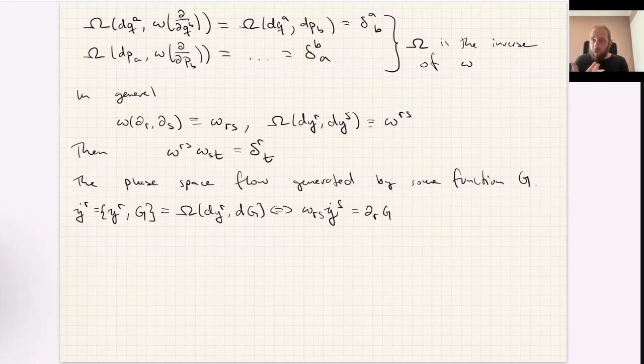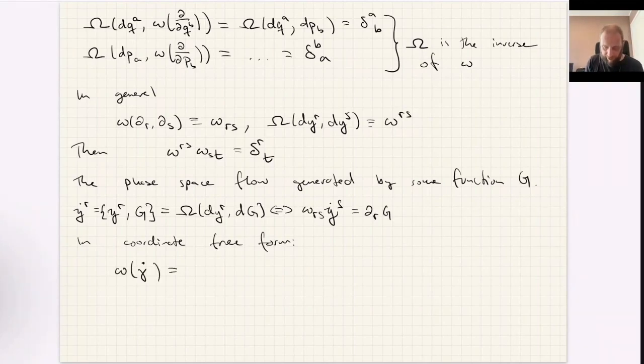Or if I want to write this in a coordinate-free form, the flow here, gamma, a curve that is following this flow, the tangent vector of that, if I apply omega to it, I get the differential of g.